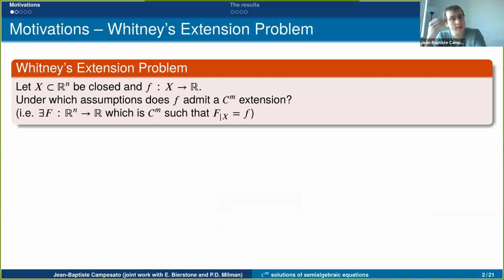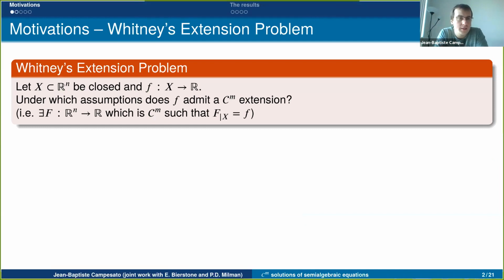The first one is the classical Whitney's extension problem. The question is the following: given a function f defined on a closed subset of R^n, how can we determine whether f is the restriction of a C^m function or not? That's a classical question that has been studied since at least 1934.